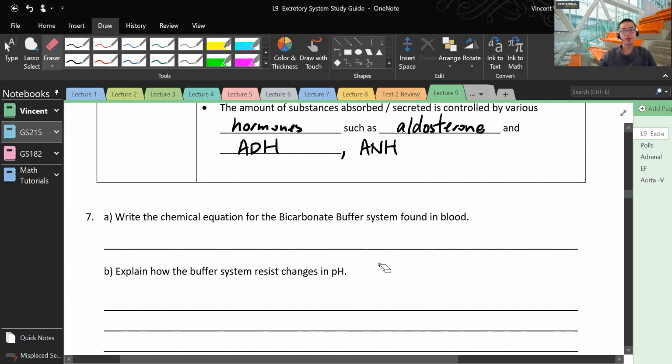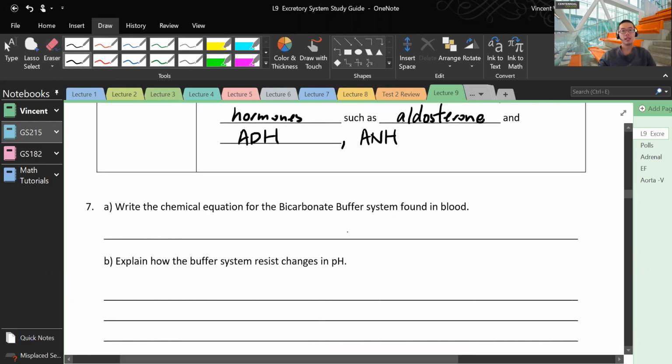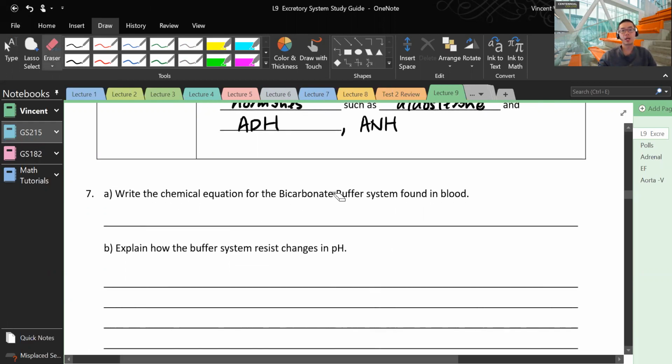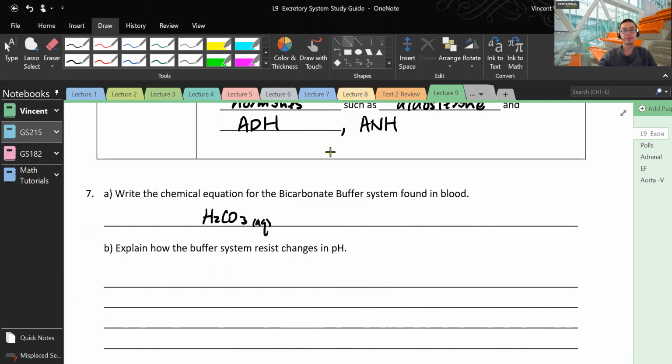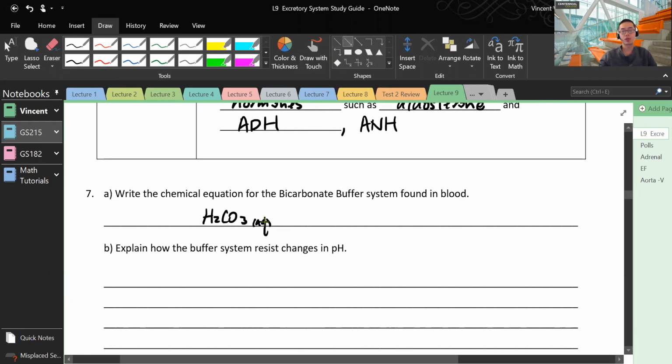We sort of covered this already, but we can talk about it again. Write the chemical equation for the bicarbonate buffer system in the blood. Okay, so we have the H2CO3. It's an acid dissolved in water, so we put aqueous, and this could go left or right. When it goes to the right, the carbonic acid will dissociate into hydrogen ion plus bicarbonate ion.